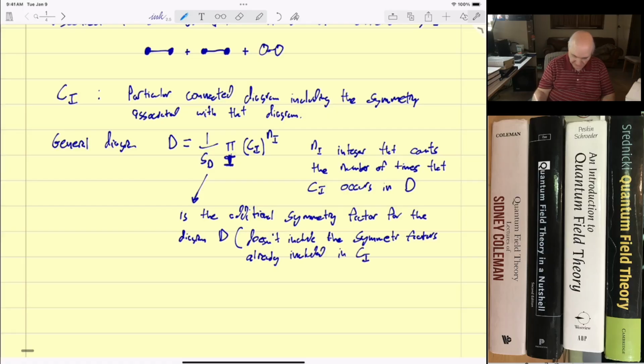That's why we said C_I includes the symmetry factor.